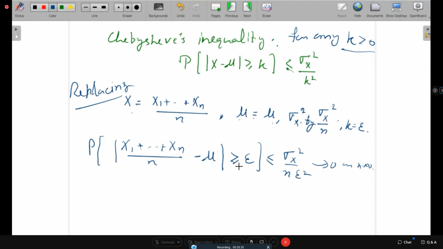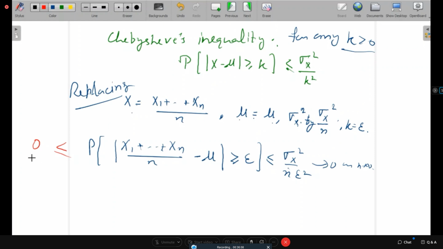Once you replace all the things, you have sigma x squared by n times epsilon squared, and sigma x squared by epsilon squared is a fixed quantity when you are increasing n. So when letting n tend to infinity, this tends to 0. What we have used indirectly here is the sandwich theorem, because we know that the probability is greater than or equal to 0.